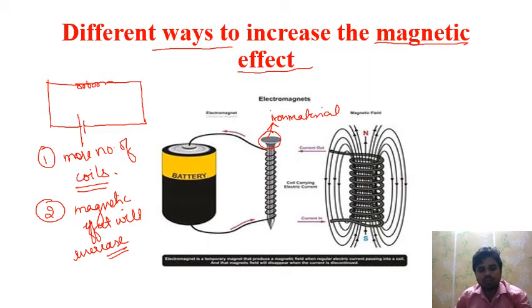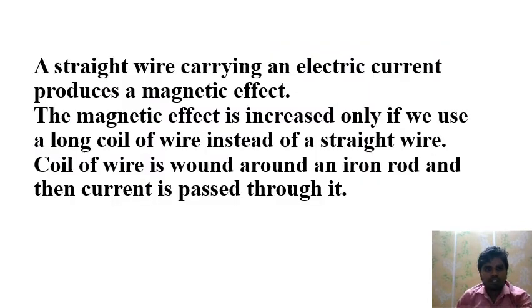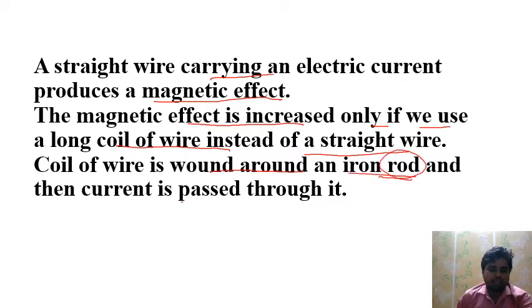Is it clear, students? Okay, so let's see. A straight wire carrying electric current produces the magnetic effect. The magnetic effect is increased only if we use a long coil of wire instead of a straight wire. So a coil of wire is wound around an iron rod, and then current is passed.